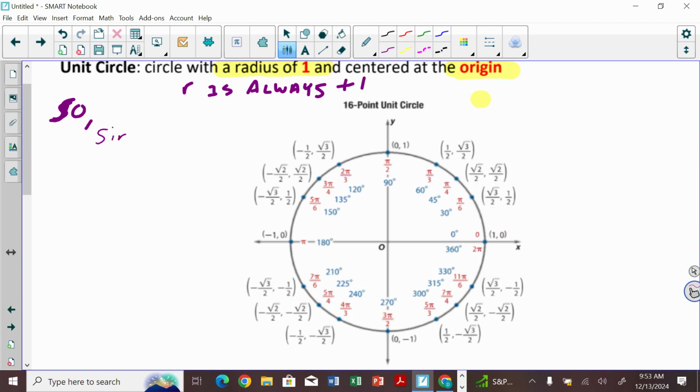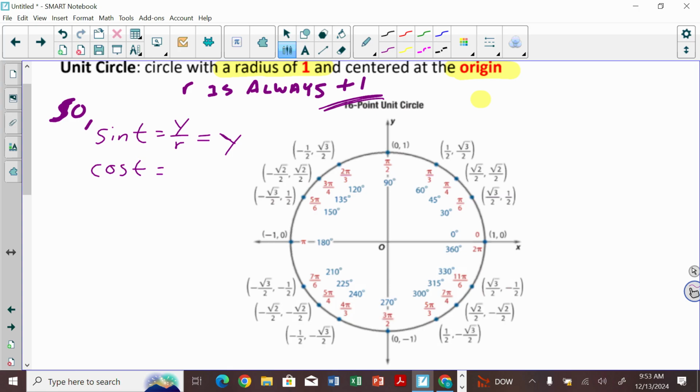We know that sine of t is equal to y over r. But because r is always 1, we can basically just say that sine t is y, because it's going to be something over 1. Same thing can be said for cosine of t.